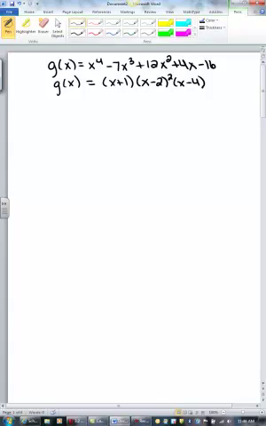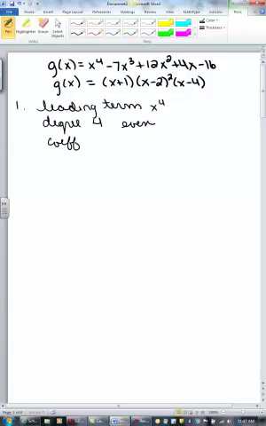So, step 1, as usual, is to use that leading term test. What we're going to do is we're going to look and we say, all right, our leading term is x to the 4th. The degree is 4, so it's even, and the coefficient is 1, which is positive.